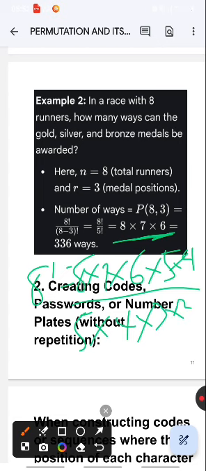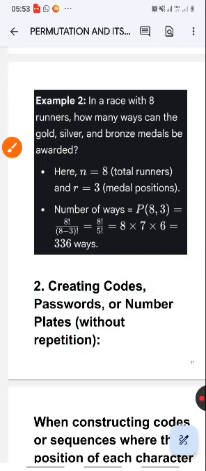So you realize that from 5 downwards, everything from 5 downwards can cancel everything here. That's why they chose to write 8 times 7 times 6. So that's how they got 336.